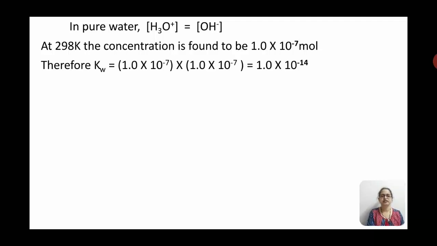Therefore, substituting that value in the equation, we get Kw is equal to 1 into 10 raised to minus 7, that is for hydronium ion, multiplied by 1 into 10 raised to minus 7, that is for hydroxyl ion. What will be the answer? It is 1 into 10 raised to minus 14. So, the Kw value will become 1 into 10 raised to minus 14 at 298 Kelvin.